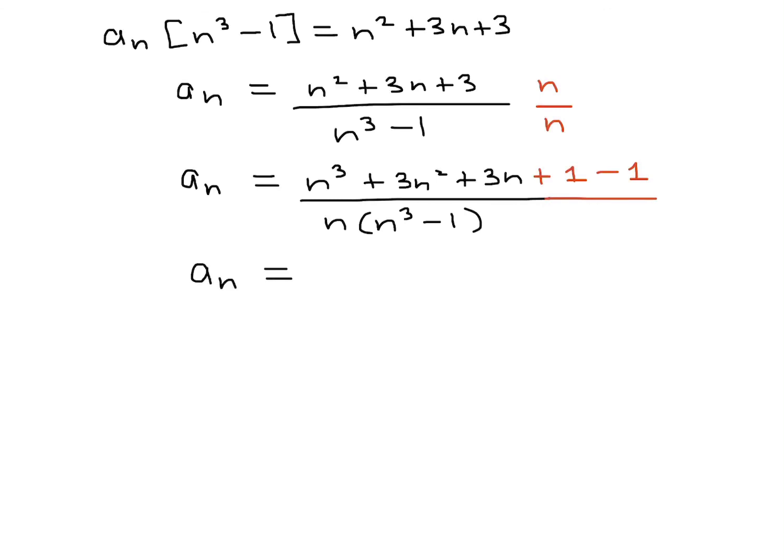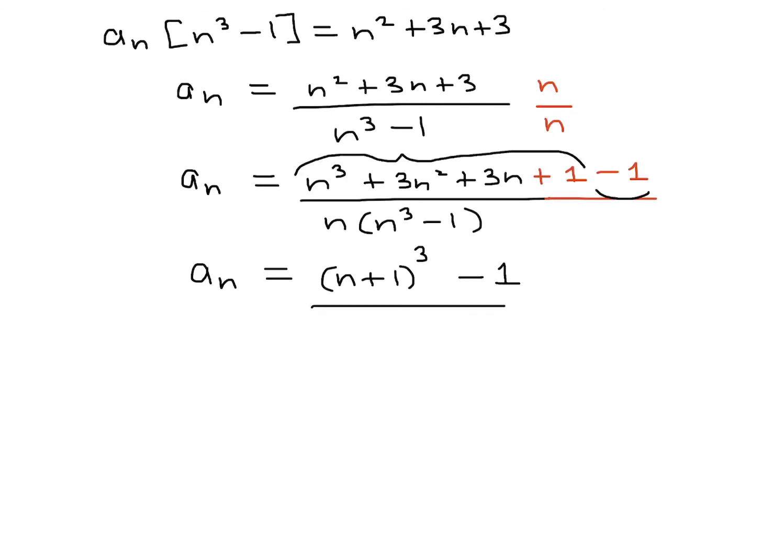If I do that, I can factor these terms, and they become n plus 1 to the power of 3, and then don't forget the final minus 1, all over n times n to the power of 3 minus 1. This is where you have to get to.